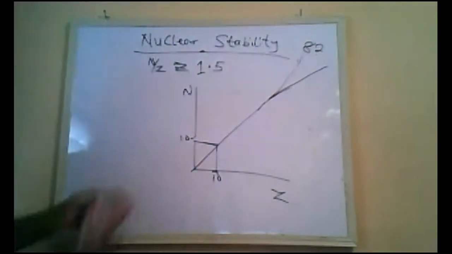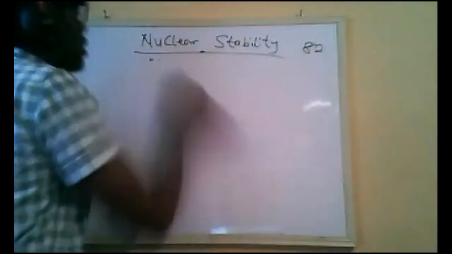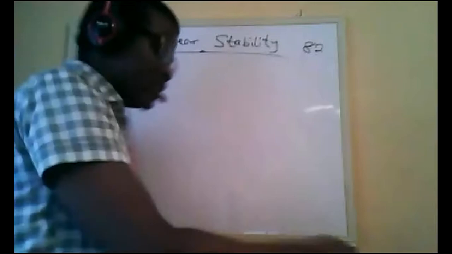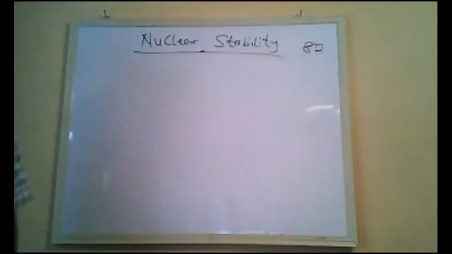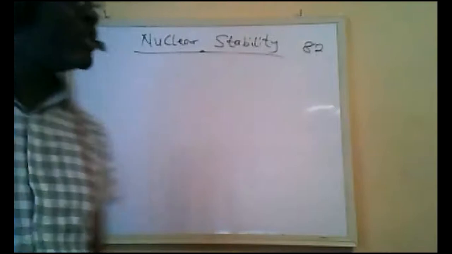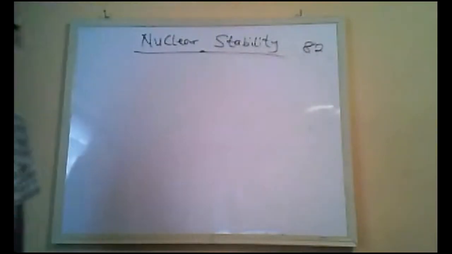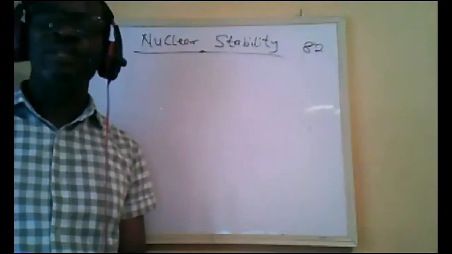So we have the unstable nuclide, and the unstable nucleus, of course, becomes agitated. It's not comfortable. It has to emit the excess energy that it has in the form of radiation.